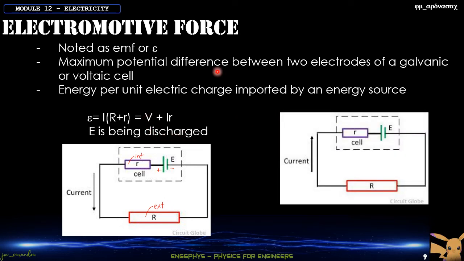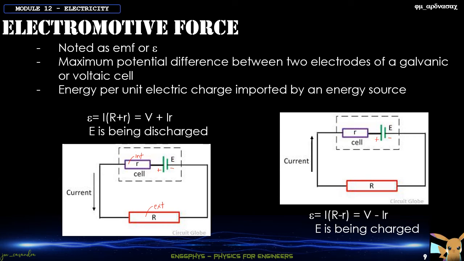So, if we have this case, the current now is moving from the positive to the negative, then our EMF now is written as V minus I times the internal resistance. So this one now is when our electromotive force is charging. Okay?